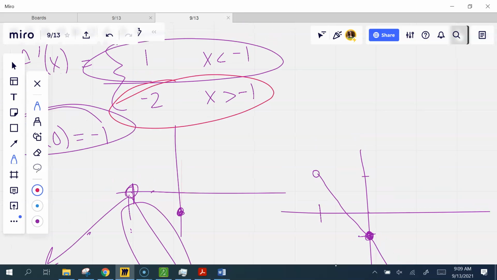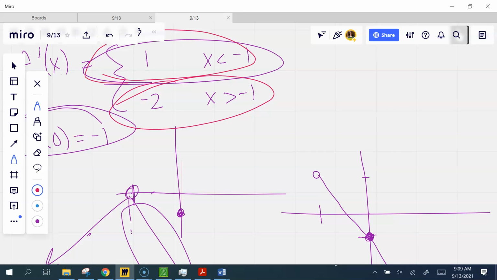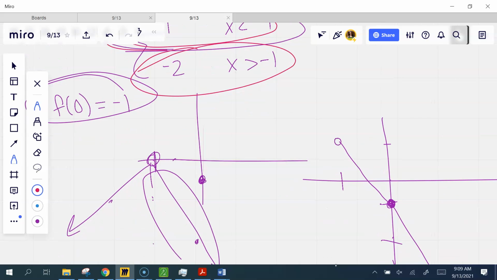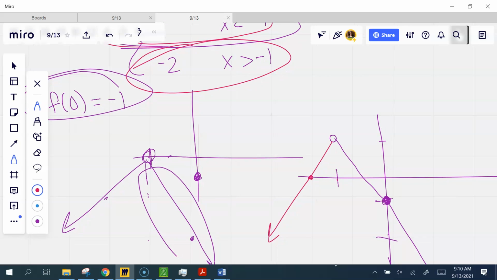And then the other one is a slope of positive 1 when x is smaller than negative 1. So this is going to be a slope of positive 1 from here. So down 1, over 1, it's going to look something like that.